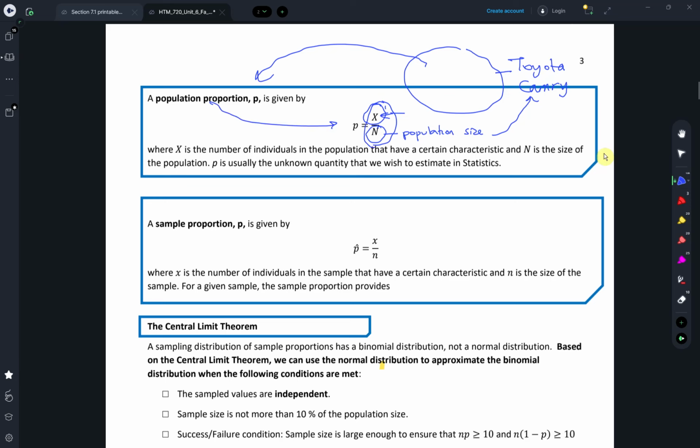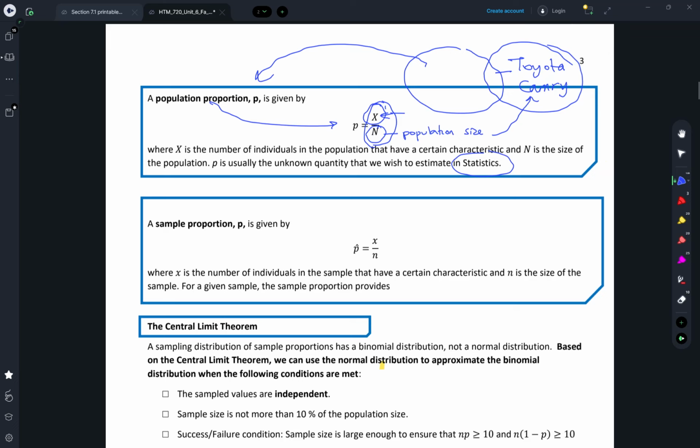How easy is it to find this population proportion? Well, first of all, you need to be able to access all Toyota Camry cars in the United States. That can prove to be a challenge. In statistics, particularly in inferential statistics, we know that this is usually difficult.